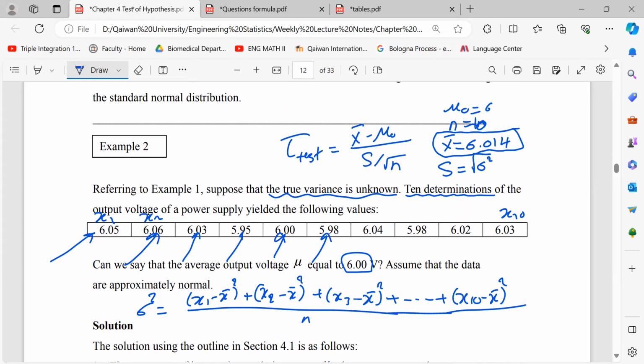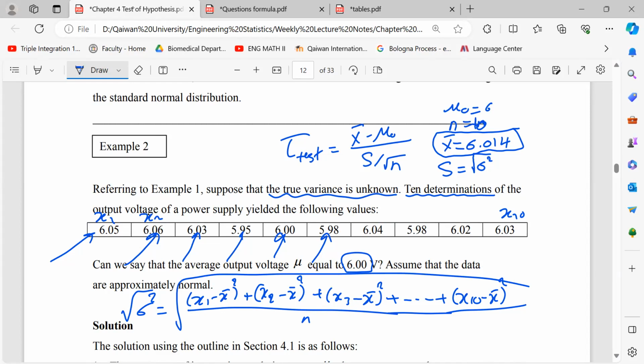We find this, and then s is the square root of this. We just take the square root for the result. From the data, we can get s.